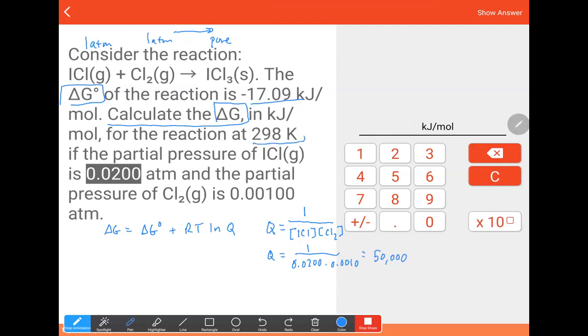Okay, everything else is plugging it in. We're given temperature in Kelvin. That's a big thing to be aware of. R, again, we got to convert to kilojoules. So I'm going to say delta G is equal to my negative 17.09 kilojoules per mole plus 0.008314 kilojoules per mole Kelvin times 298 Kelvin times natural log of 50,000.